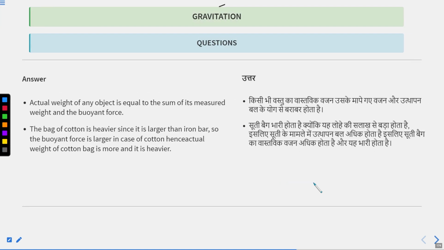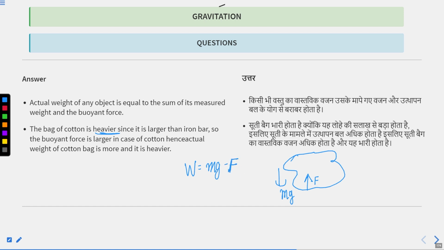The answer is that actual weight is the sum of your measured weight and the buoyant force, the upward force which is measured by the weighing machine. So the bag of cotton is heavier, since it is larger than the iron bar. This is your mg, and it will exert an upward force, so the weighing machine will calculate mg minus upward force.